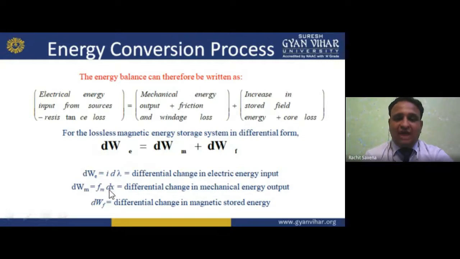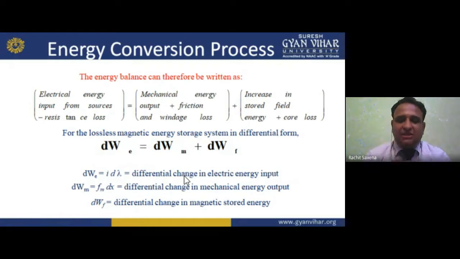dWm is Fm dx, the differential change in mechanical energy output, that is force. dWf is the differential change in magnetic stored energy. It means we are considering three parts: electrical, mechanical, and magnetic.